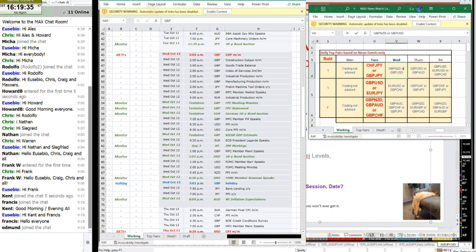Then pound Kiwi, pound CAD. It's much faster than last week. And then pound Aussie, euro pound, which is not common, but the euro pound is gaining strength.